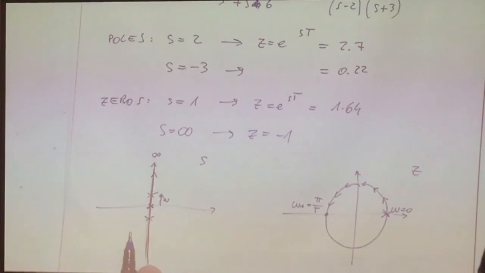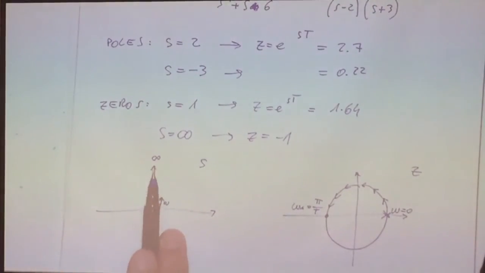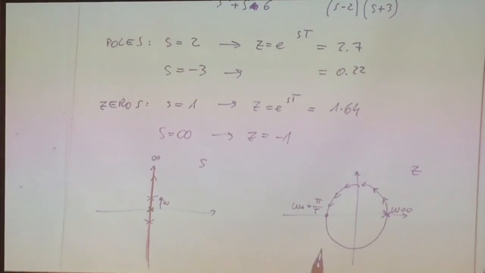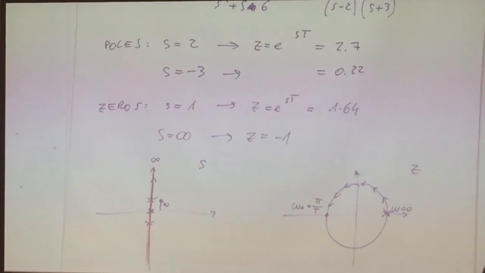So if you want to prevent this from happening, what you can do is to say, okay, fine, then why don't we say that the highest frequency of the continuous system maps into the highest frequency of the discrete system. It's not perfect, because the highest frequency of the continuous system is infinite. Instead, here is pi over T, which is finite. But that's the best you can do.